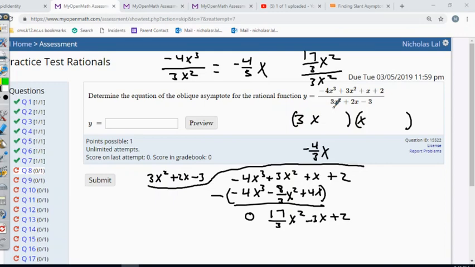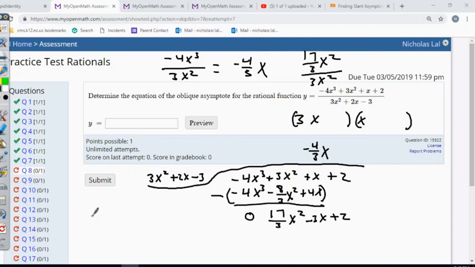So that's going to be plus 17 over 3... 17 divided by 3.